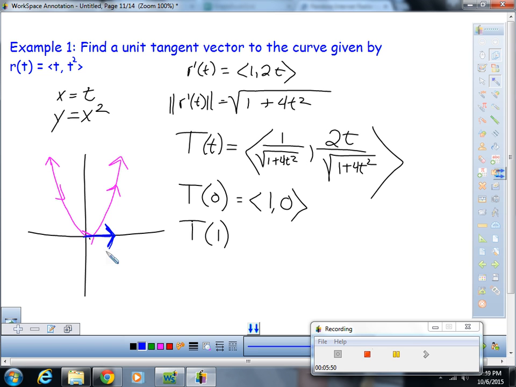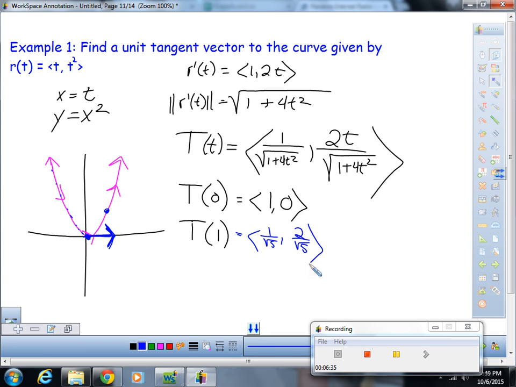And as our particle travels down this curve instantaneously at the origin, (0, 0), its direction, this is tangential, its direction is all going horizontally at that point. If we look at what happens at (1, 1), or at T of 1, what do we get for that? <1 over radical 5, 2 over radical 5>.